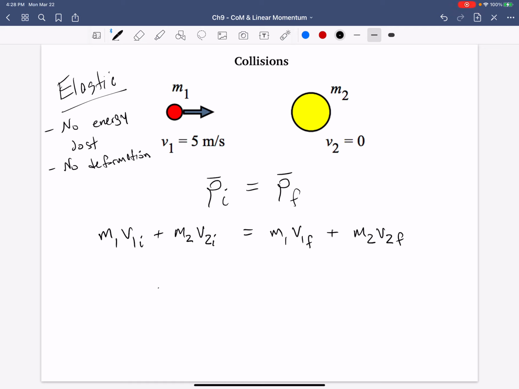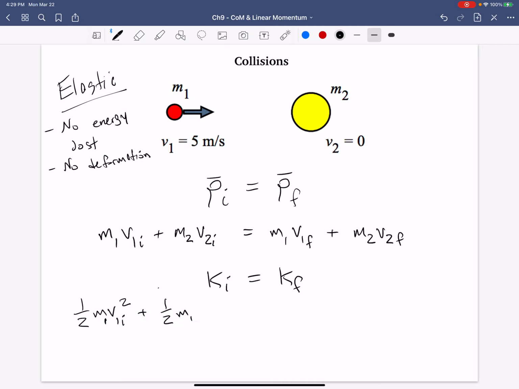So the other conservation equation, in addition to linear momentum, is the conservation of kinetic energy. We'll write that as K initial and K final. The form of kinetic energy is 1/2 m v squared. So I've written that as 1/2 m1 times v1 initial squared, and we have to do this for every term.